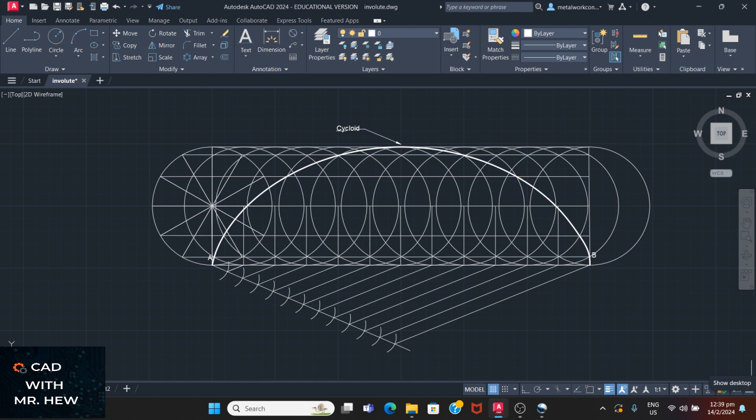Then the next step, you're going to carry these lines to the center line drawn. We're going to draw all of these points from the baseline going toward the center line, perpendicular to the center line.